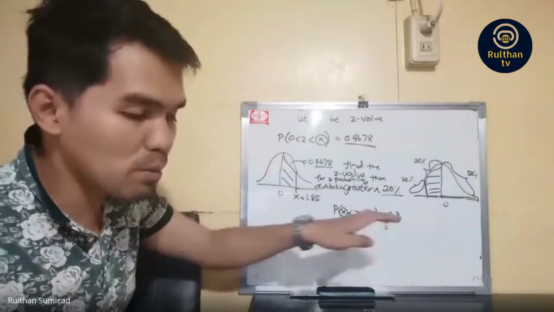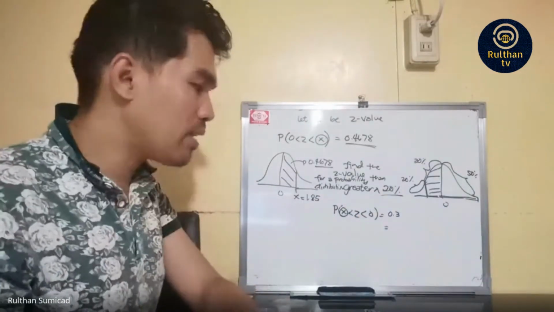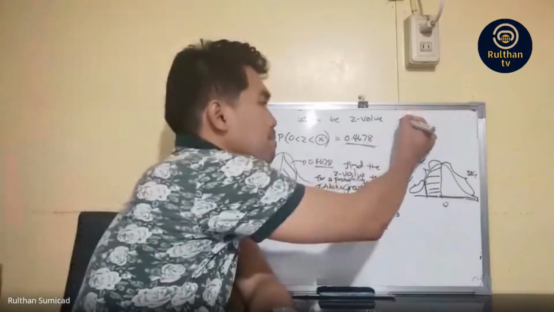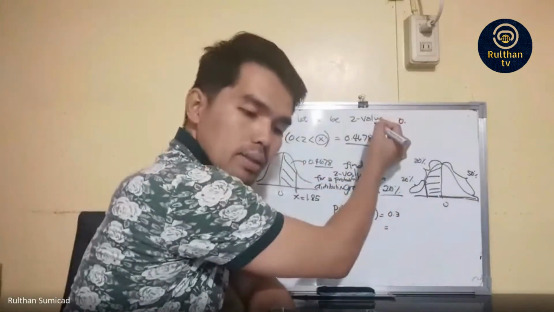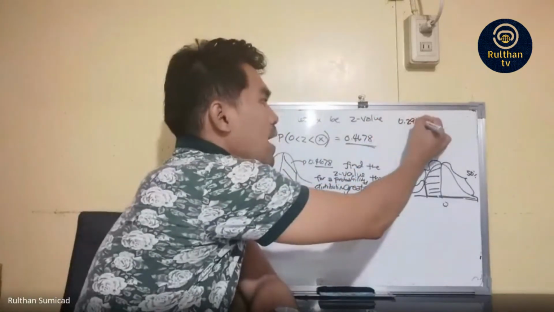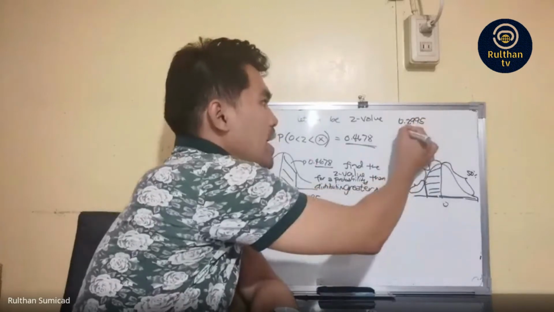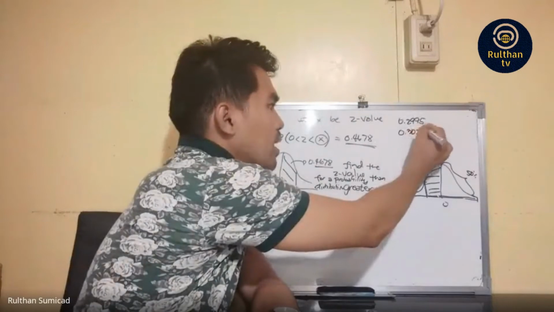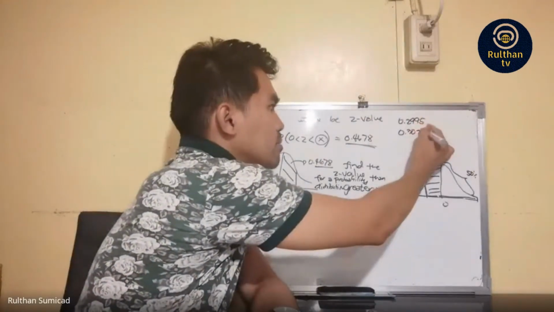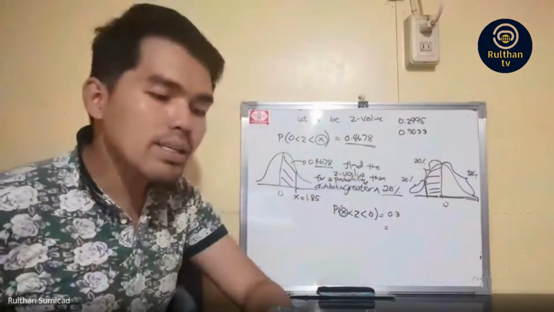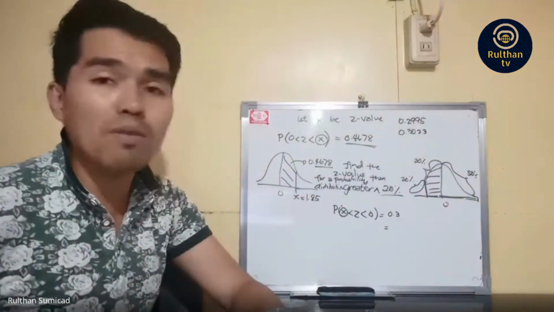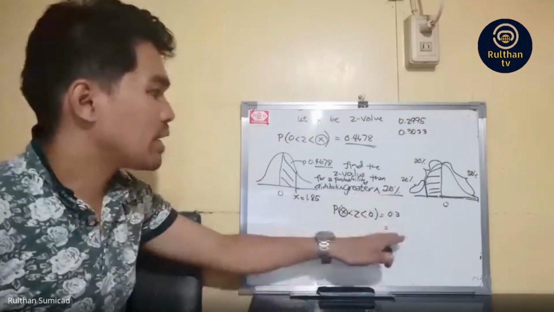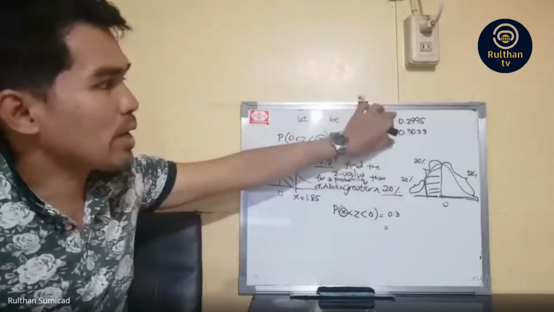We will look for 0.3. These are the two values you will find there: 0.2995, and the other one is 0.3023. These are the two values closer to 30% that you are going to look into.